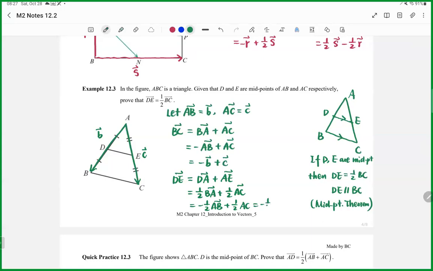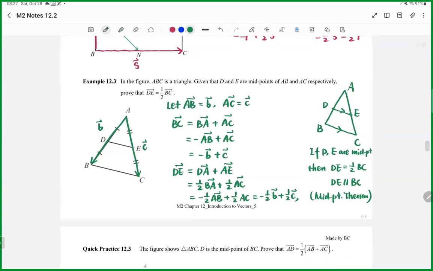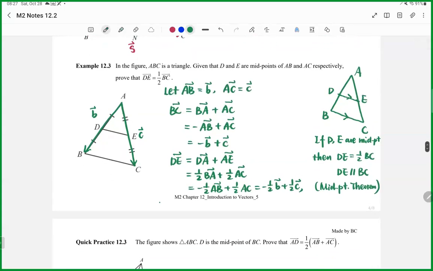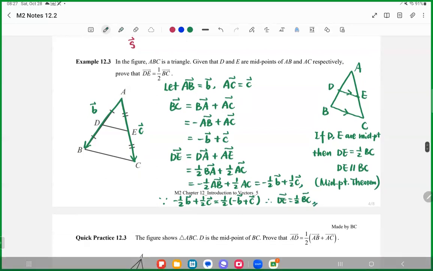That is negative 1 over 2 B plus 1 over 2 C. Now, negative 1 over 2 B plus 1 over 2 C is equal to 1 over 2 times negative B plus C. Therefore, DE is equal to 1 over 2 BC. I mean, the vectors are equal.